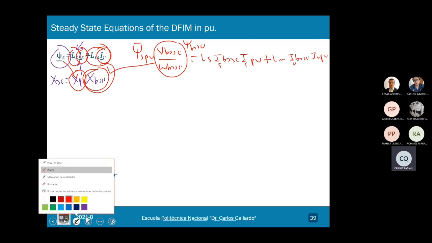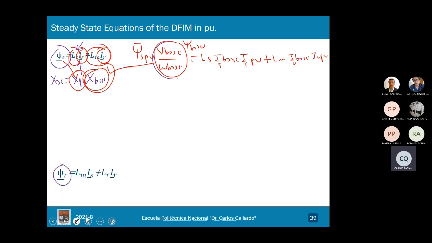So isolating this term to the right side, I will get the per unit stator flux is equal to the stator inductance.